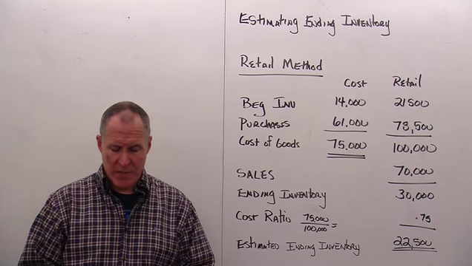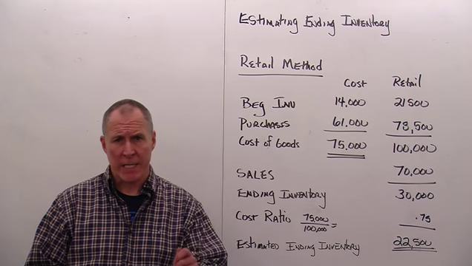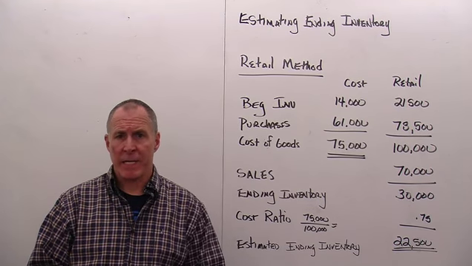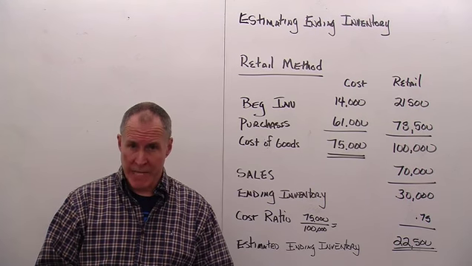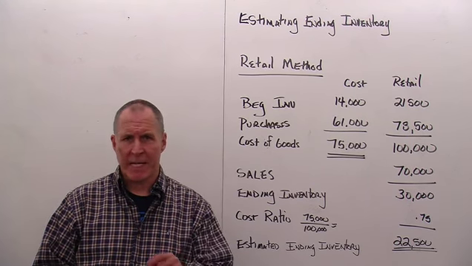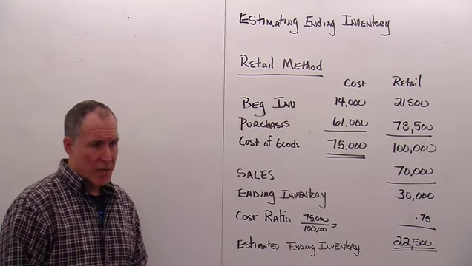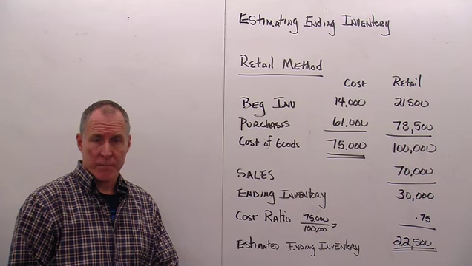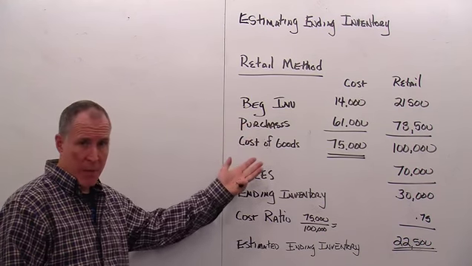The information tells us what our beginning inventory was, not just at cost, but at retail. I may have said ending, but I meant beginning. It also tells us the cost of the goods that we've purchased at cost as well as retail. And I have it up here on the board.